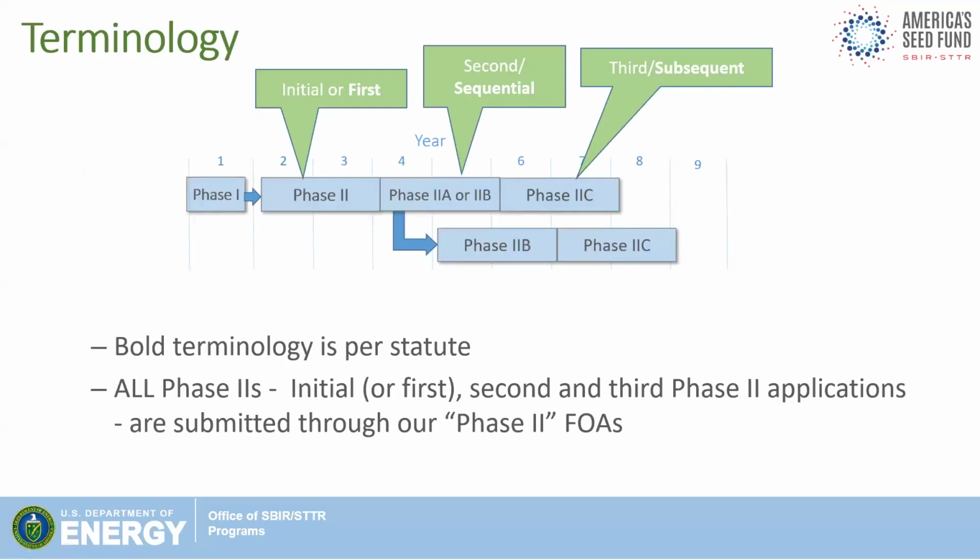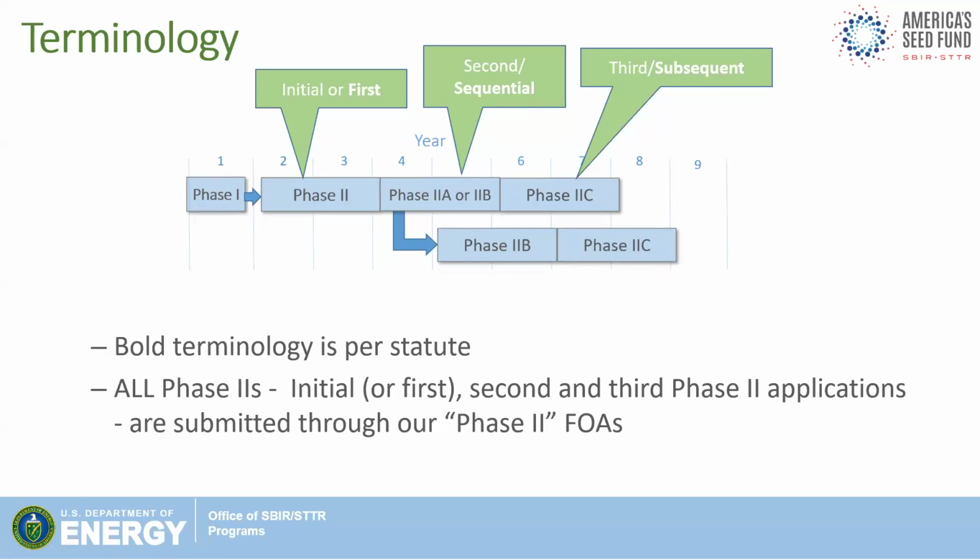Just as an introduction to how we run the program: you get a Phase 1, shown here in year 1. You only have one chance to apply for Phase 2, and that's the following year. You get your Phase 2, and that's typically a 2-year award. At the end of your Phase 2, you will have a chance to apply for either a Phase 2A or 2B.